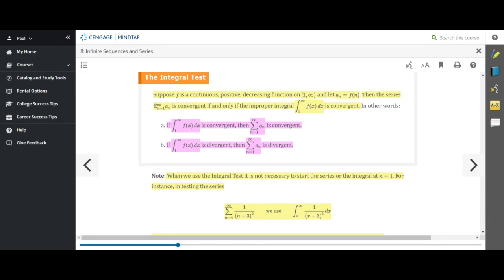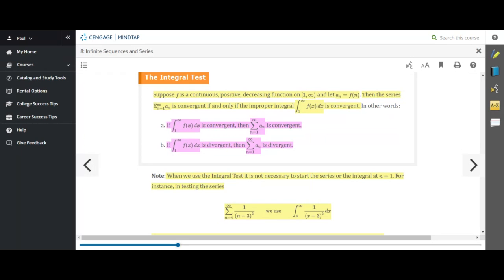For instance, if you had the series where n equals 4 to infinity of 1 over (n minus 3) cubed, well, you're starting at n equals 4, but that's okay. What determines the convergence or divergence of the series is the eventual behavior of the terms as n gets large.